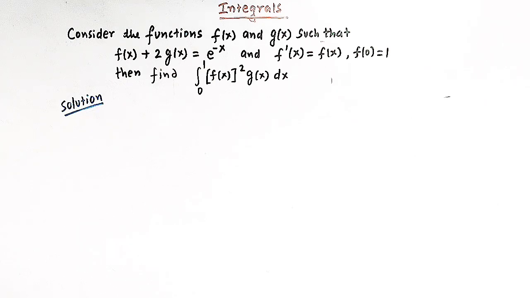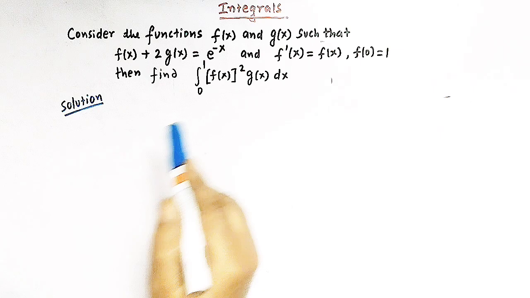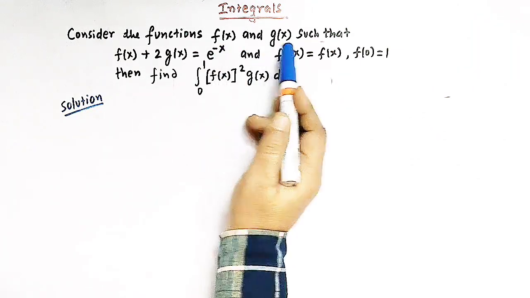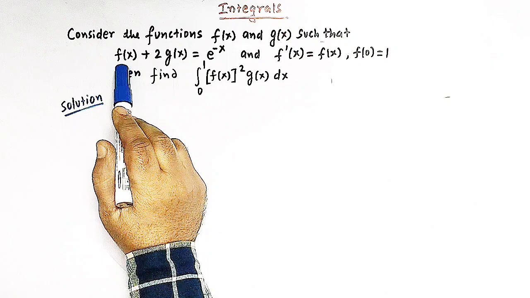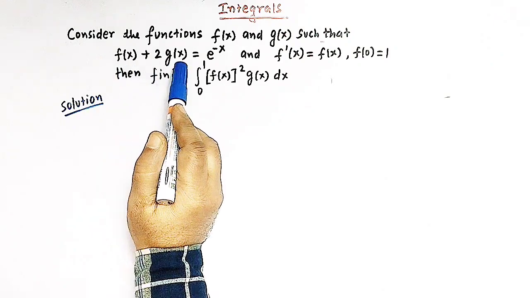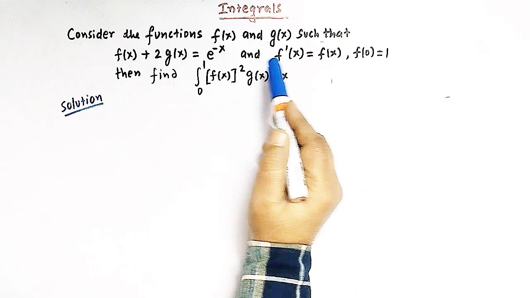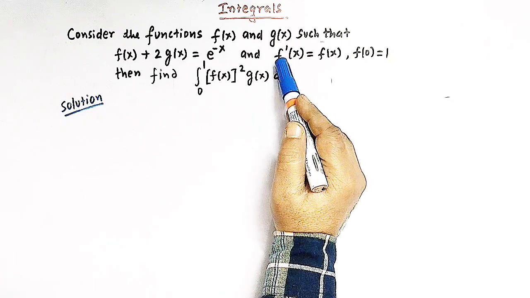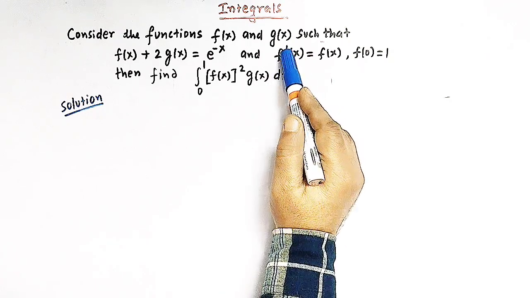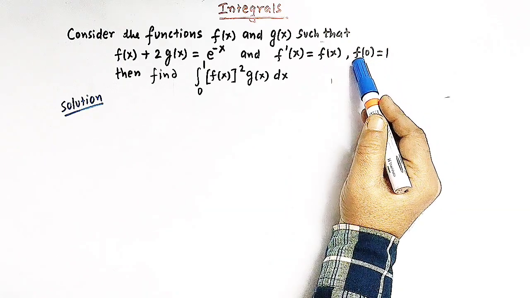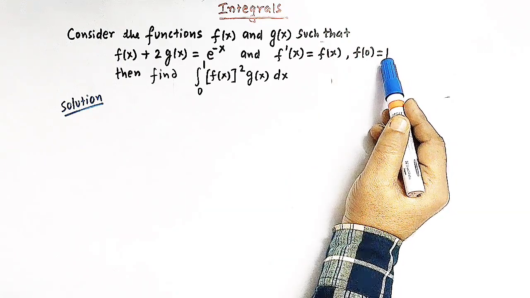and in this session we are going to solve this problem in which we are given two functions f of x and g of x such that f of x plus 2 times g of x is equal to e raised to minus x, and the derivative of f of x, that is f prime of x, is equal to f of x, with f of 0 equal to 1, right?